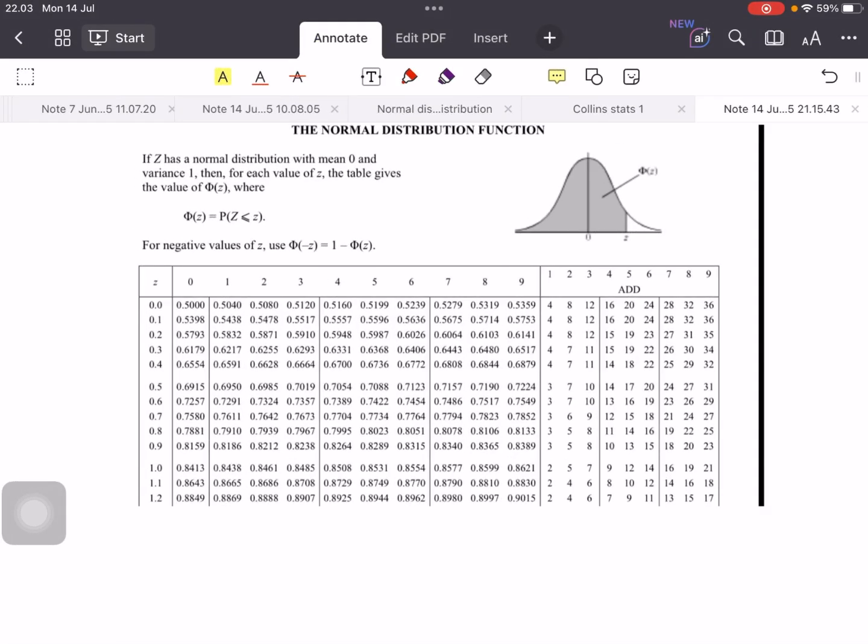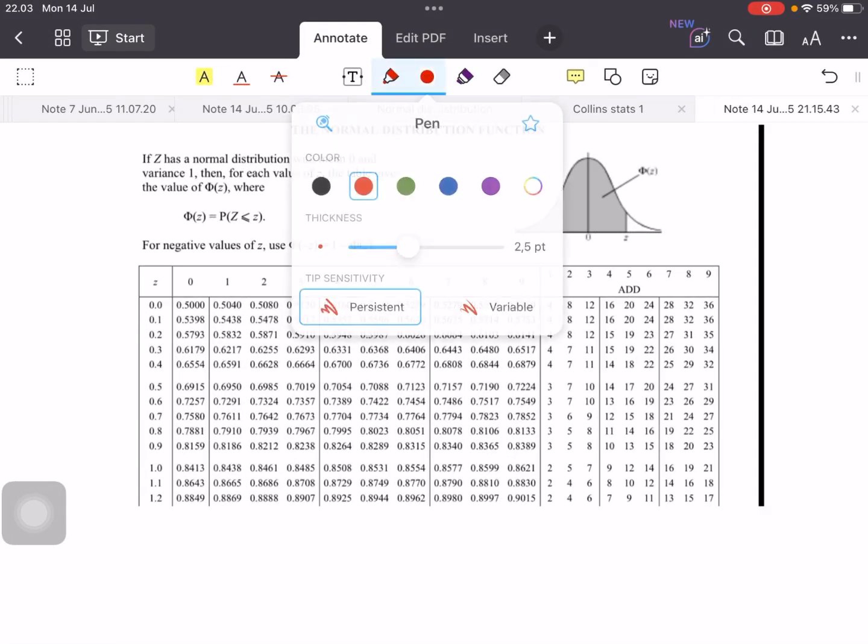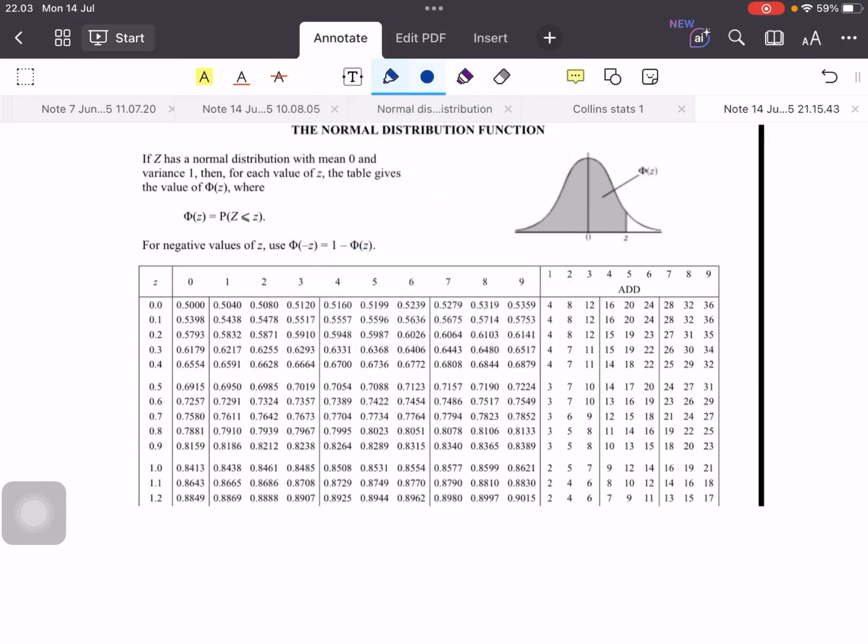Now let's continue with some more examples to make your understanding better. Suppose that you are going to find the probability of z less than or equal to 0.92. So we have more decimals here.